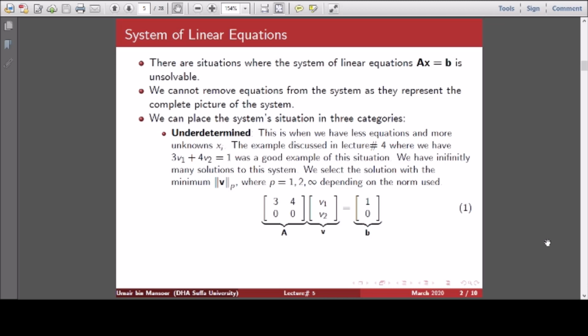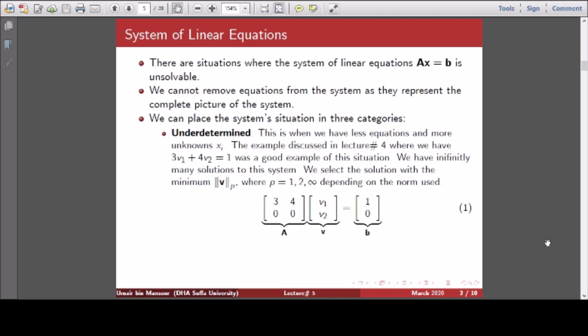In the previous lecture I did not categorize that condition, whether it was underdetermined, overdetermined, or exact. So now I am discussing the system of linear equations. This system comes under the underdetermined system of linear equations.